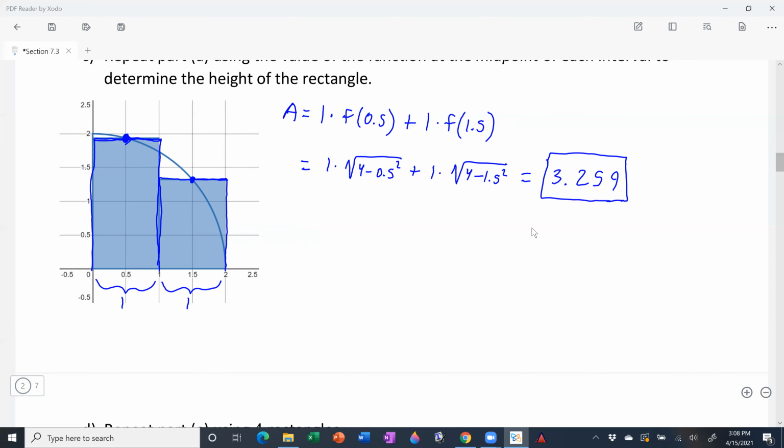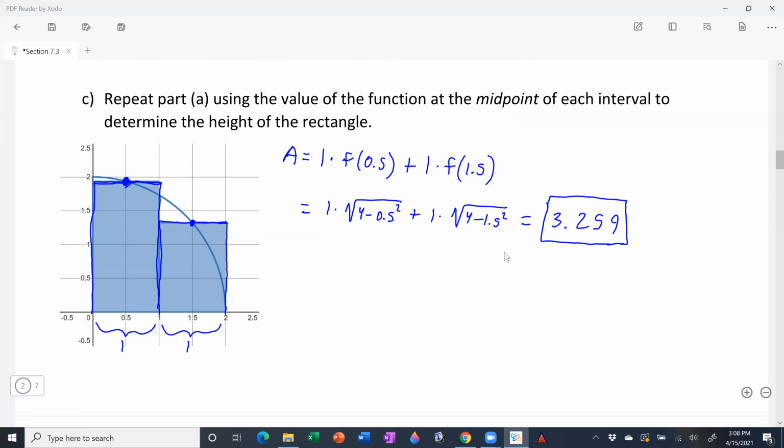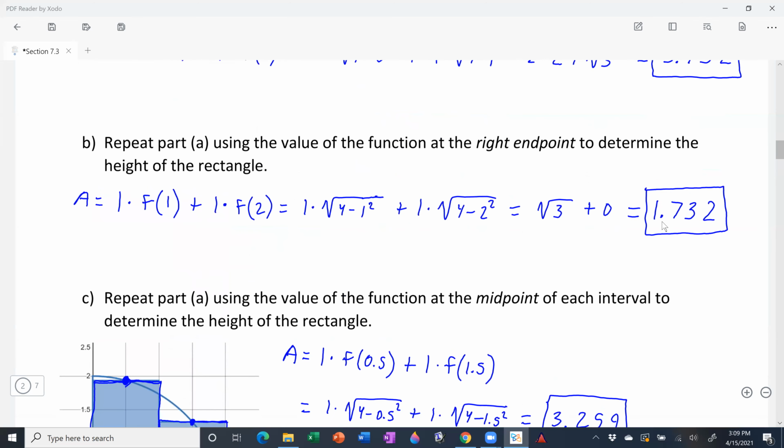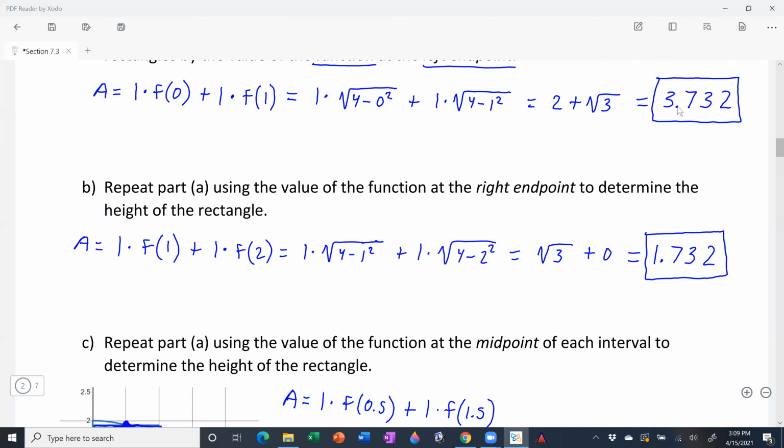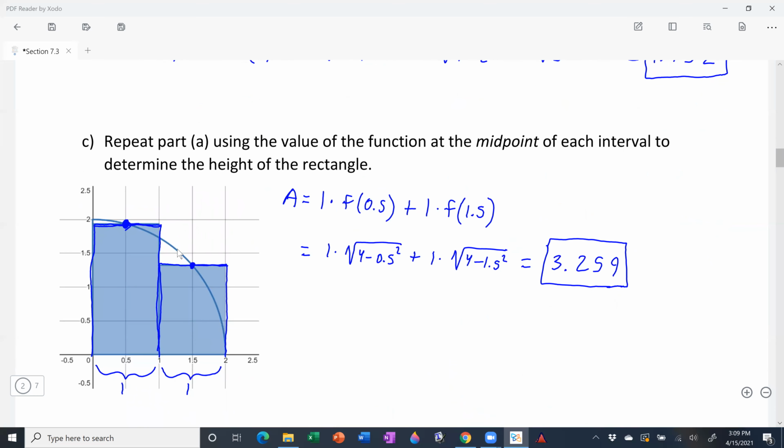So for this one, this is actually a little bit better. It's higher than our underestimate and it's lower than our overestimate. There's less space on the outside that makes it an overestimate, and there's less space on the inside that would make it an underestimate. Now it's still not perfect, but this one is definitely better.